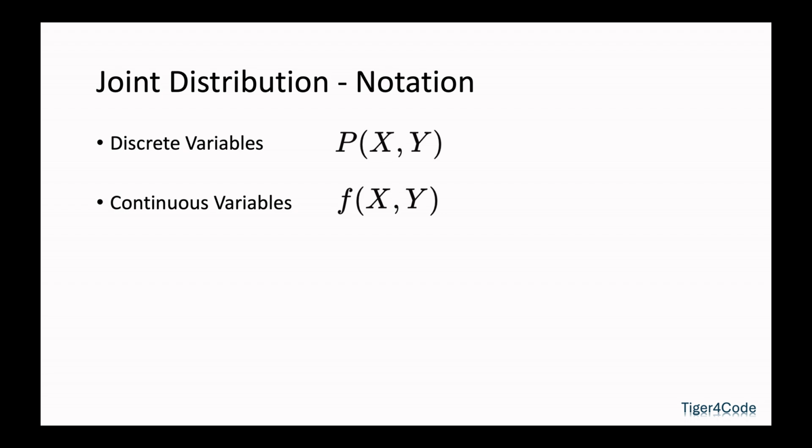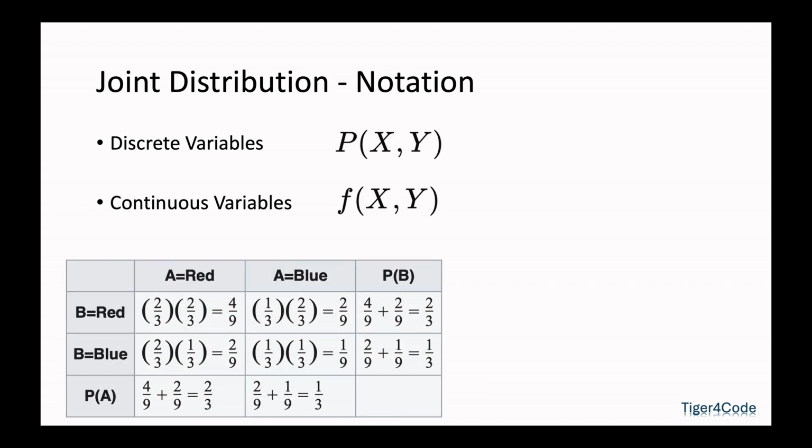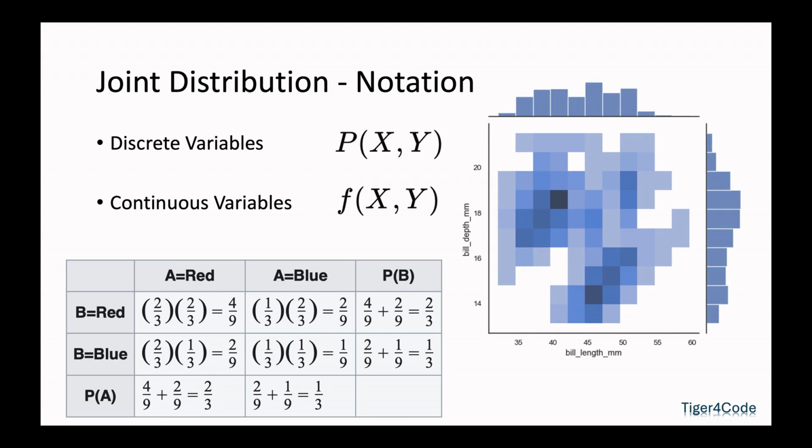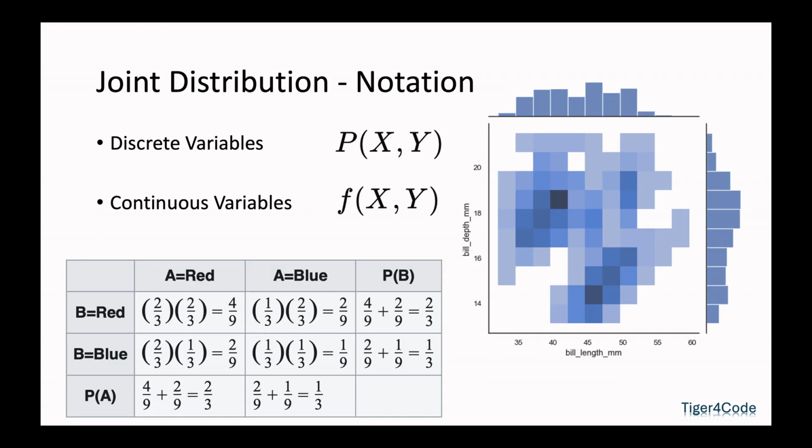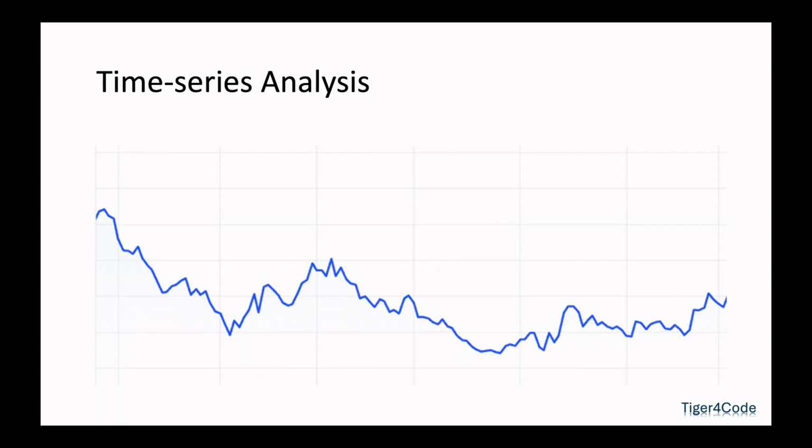It can be visualized as a table for discrete cases or a heat map or 3D plot for continuous data. Joint distribution has many applications, especially in the field of machine learning and data analytics. In time series analysis, joint distribution can help us understand the relationship between a variable's value at different time points. For example, consider daily stock prices.